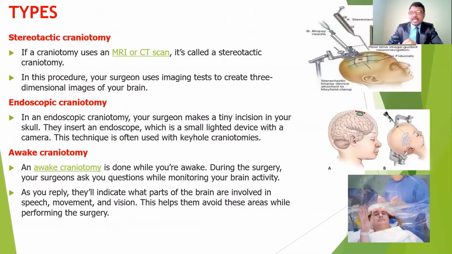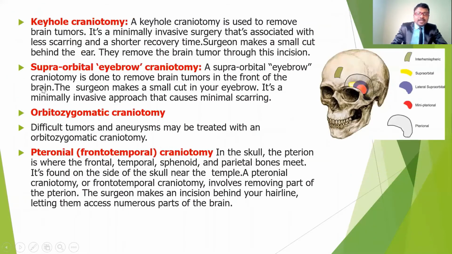If you see the other types of craniotomies, there are many types: stereotactic craniotomy, endoscopic craniotomy, awake craniotomy, keyhole craniotomy, supraorbital eyebrow craniotomy, orbitozygomatic craniotomy, and pterional craniotomy, which is the frontotemporal. The name depends upon the site of the opening of the skull.